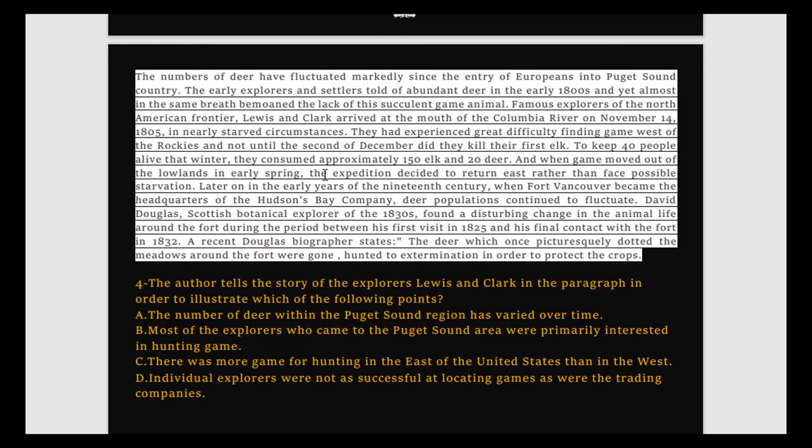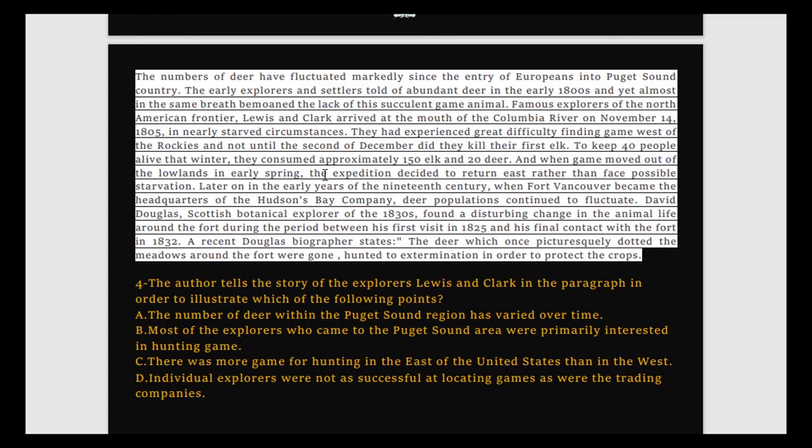That's why this is out. Now, C. There was more game for hunting in the east of the United States than in the west. This is also incorrect because the text wasn't stating there was more game to hunt in one area, let alone another area. This is crossed out.